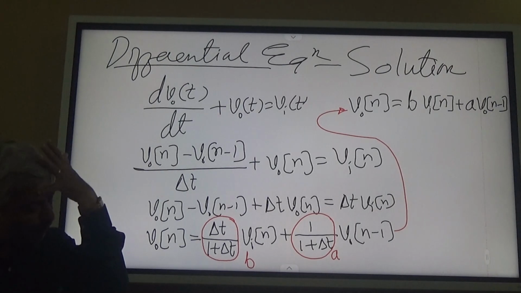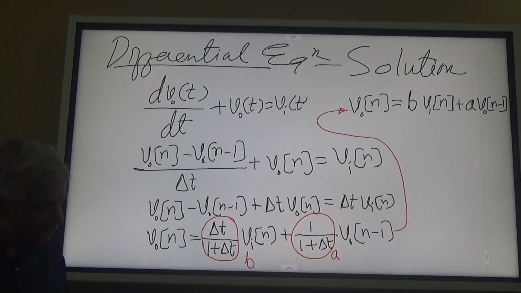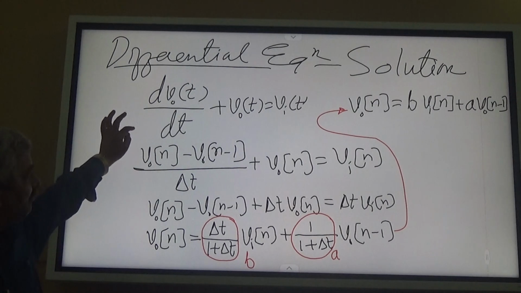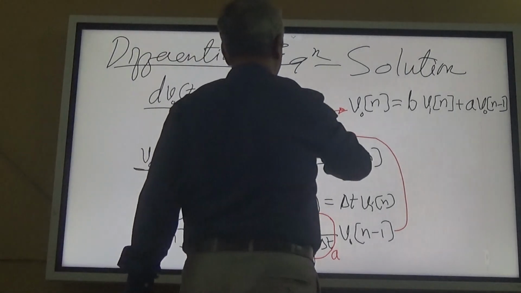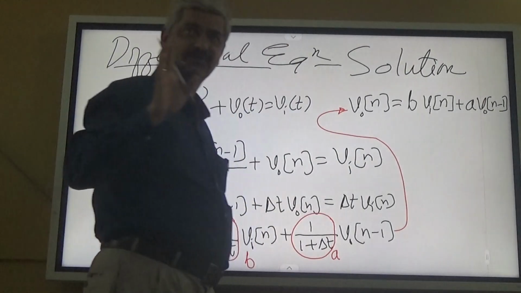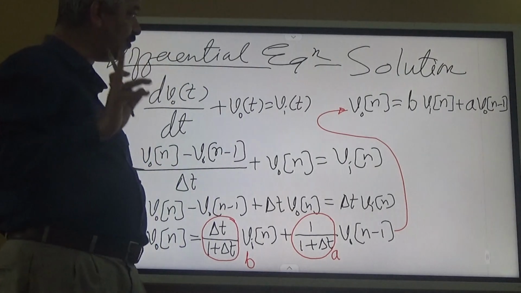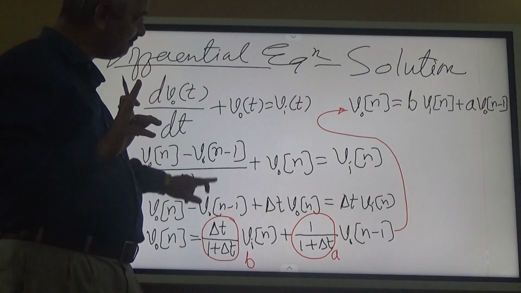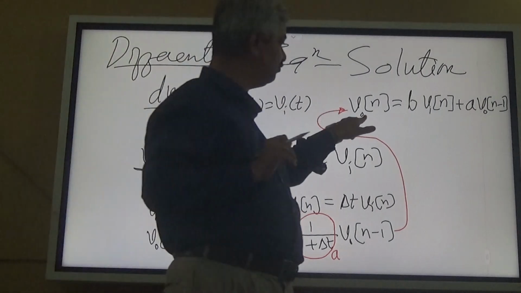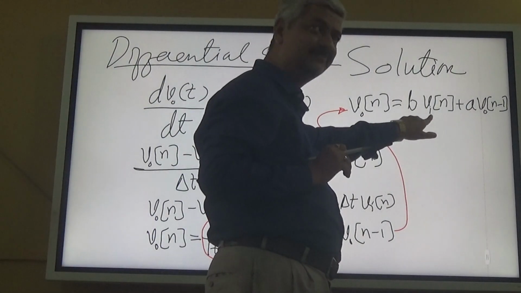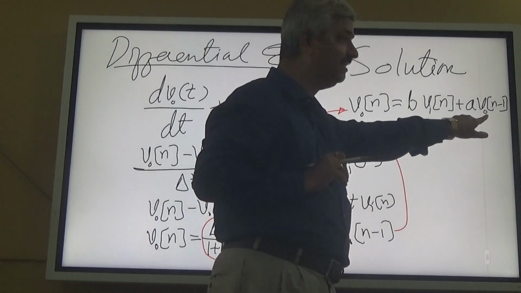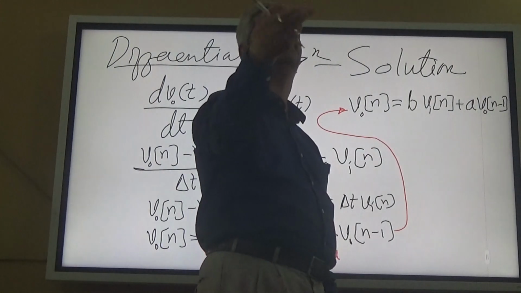So what we want is this: last time we elaborated in detail and converted the differential equation into a simple difference equation, right? Yes. We have a simple difference equation. By converting into a simple difference equation, current output is equal to something into current input plus some other thing into previous output.